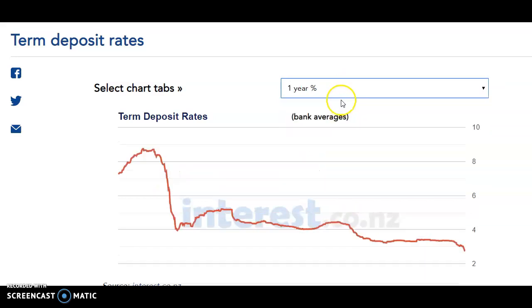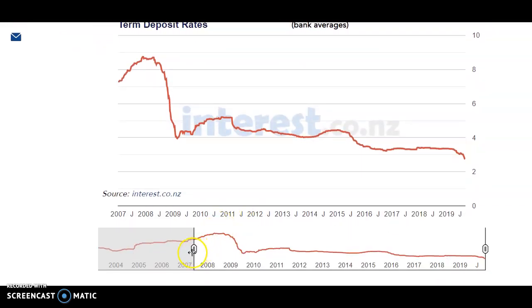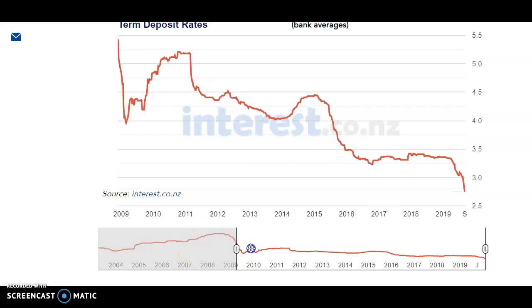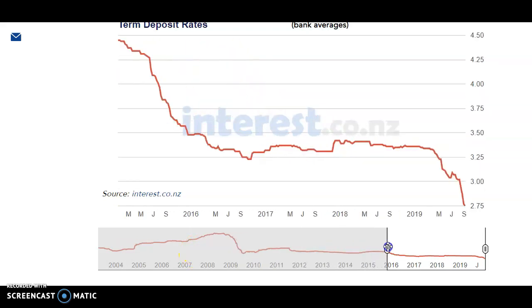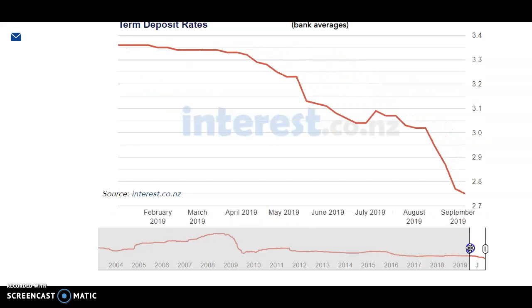We're going to do it yearly, and this slider goes to the year you were born, so you can see it slides across, and here we are in September 2019. As you can see, the investment rate for a savings account right now is low, 2.75.